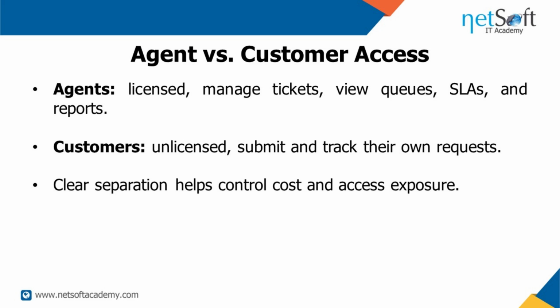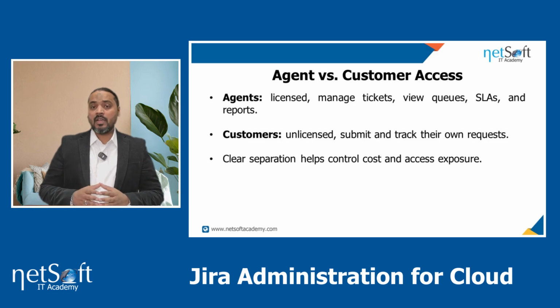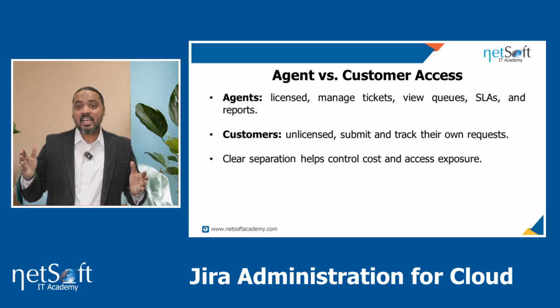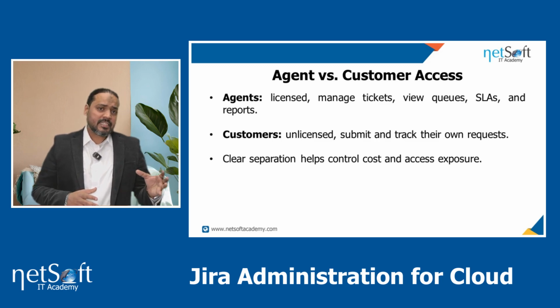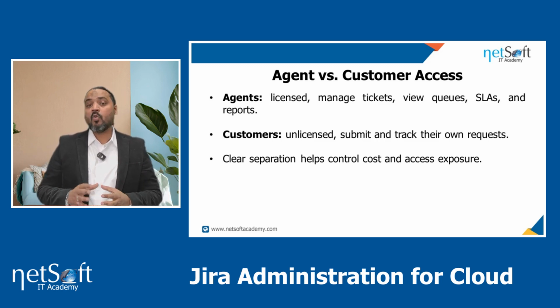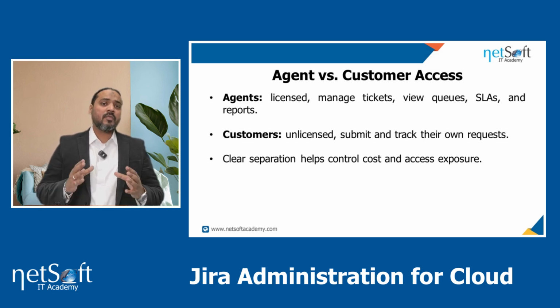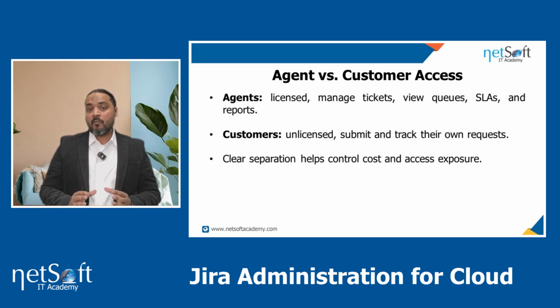Project permissions are managed at the project level and are assigned using permission schemes rather than to individual users, ensuring consistency and secure access. In Jira Service Management, agents and customers have different roles and access levels. Agents are licensed users who handle requests, manage tickets, work with SLAs, and perform administrative tasks.